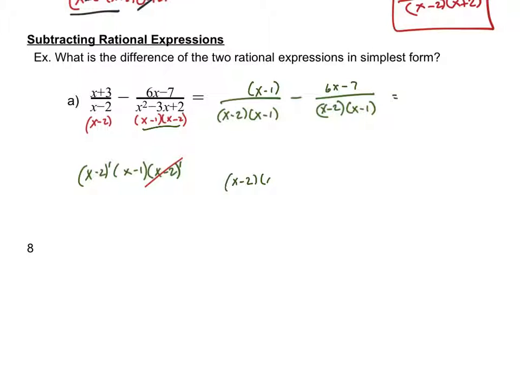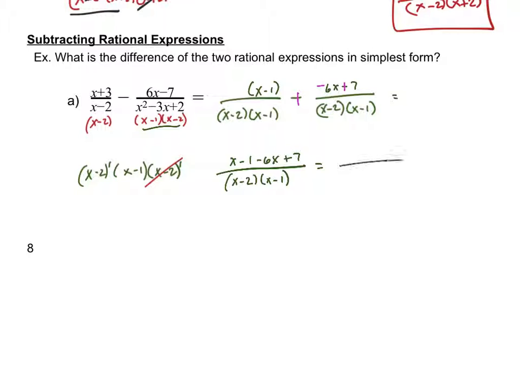Now that I have a common denominator, I need to do some addition and subtraction. I need to distribute the negative, so I have a negative 6x and a positive 7. Now I can rewrite the numerator as x minus 1 minus 6x plus 7.